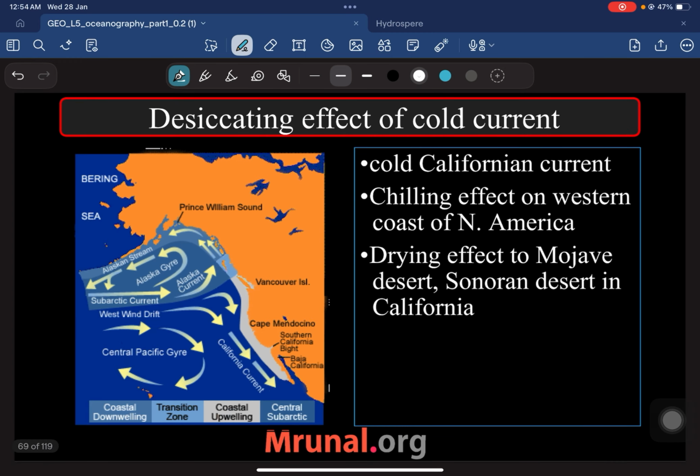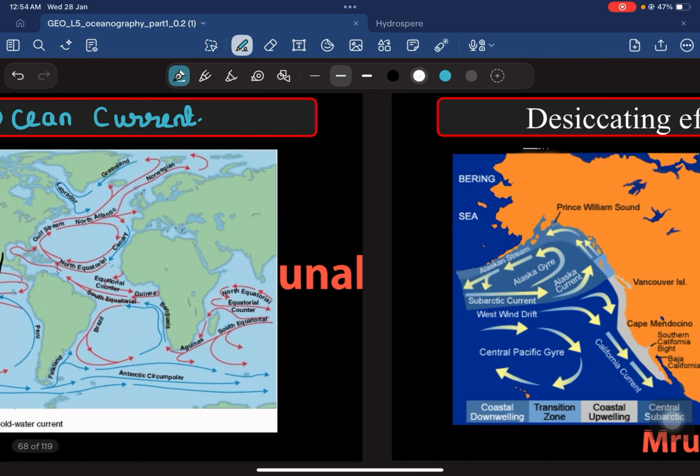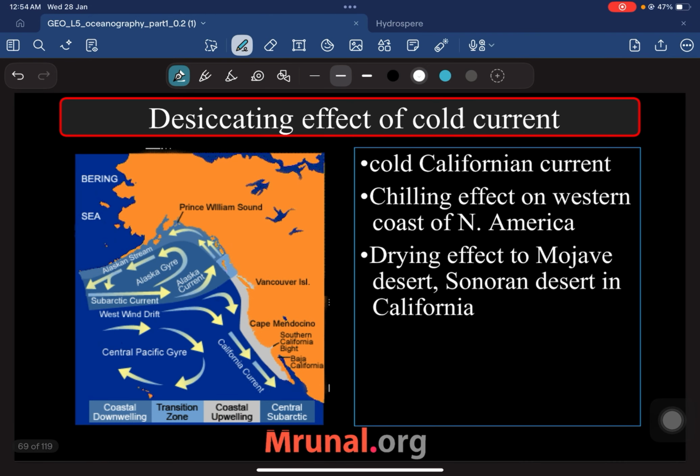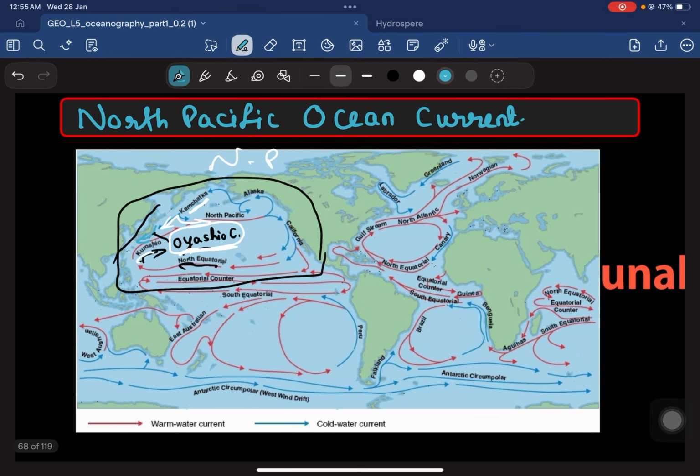Now, desiccating effect. This California current will give a desiccating effect to the Mojave Desert. It is pronounced Mojave Desert, and the Sonoran Desert in California. Where is it, the California current?